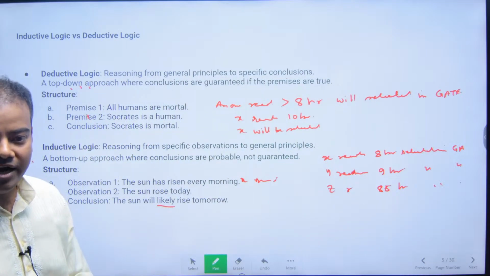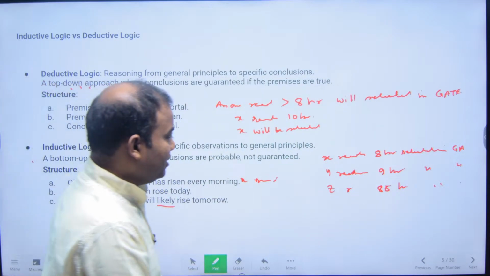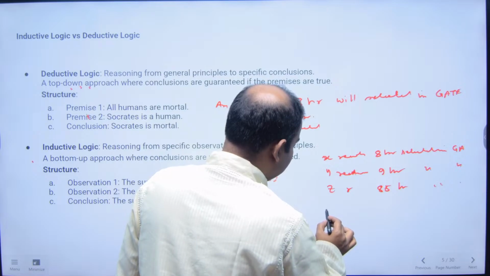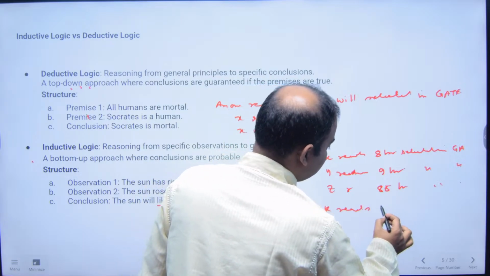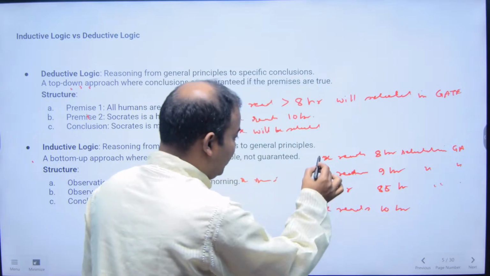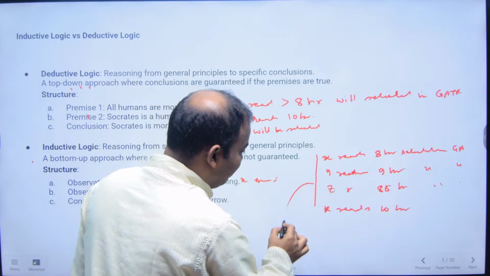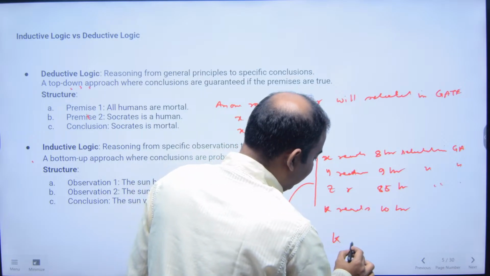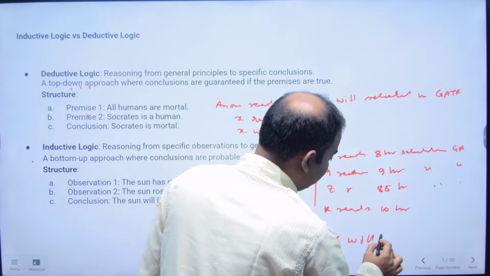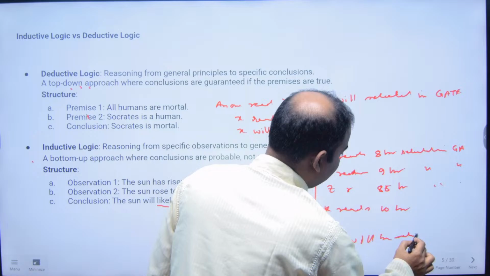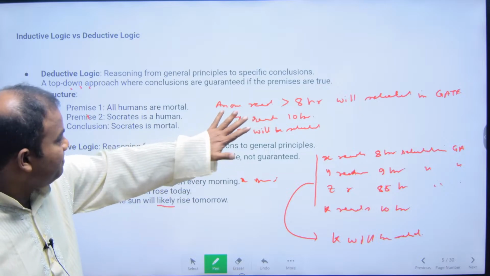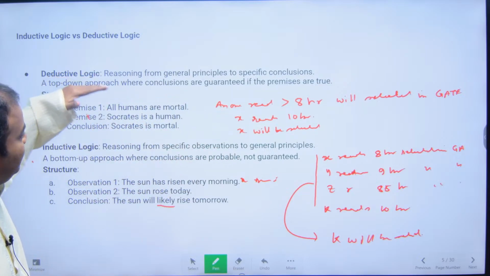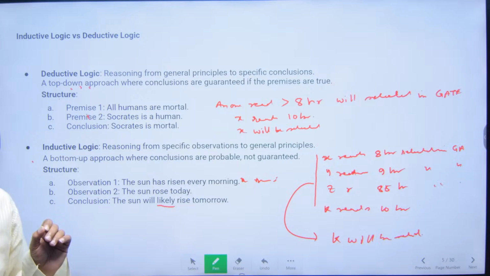After that, if you say that K reads 10 hours, so if these premises are given, then you can find the conclusion that K will be selected. Is it clear? So the difference of deductive and inductive is clear? Any doubt?